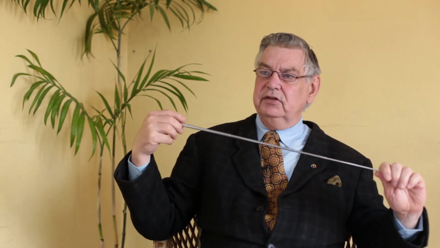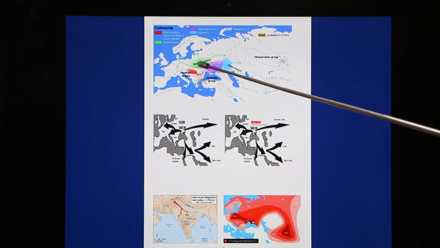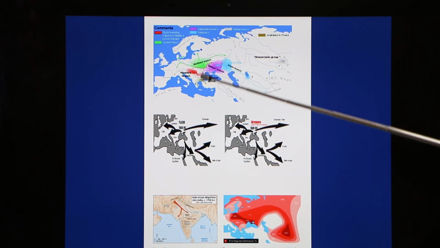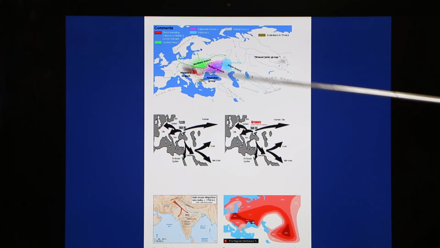When we look at the early histories of these places, we start to notice some very strange things. So we realize that there is, from this area north of the Black Sea, so we showed how all of these people came to the Black Sea, but then in the more recent history, we see that there are stories of how they spread out from there.